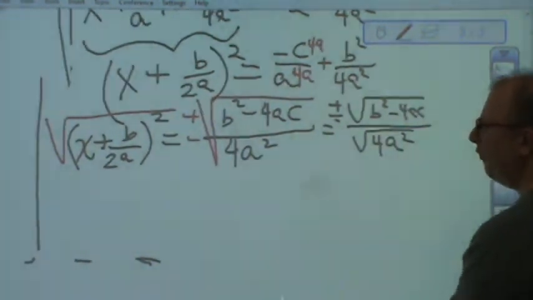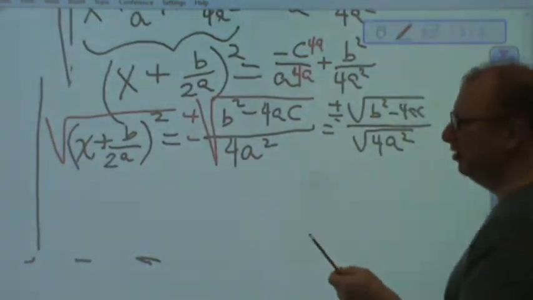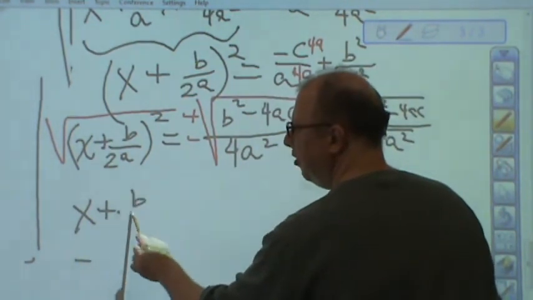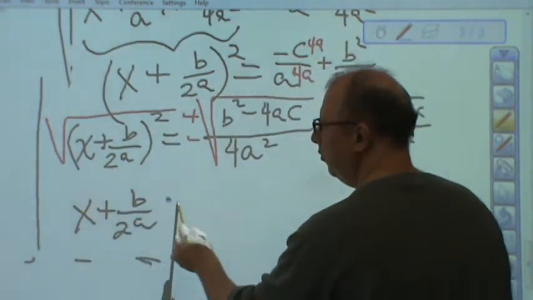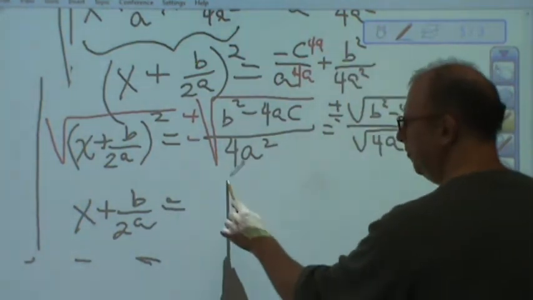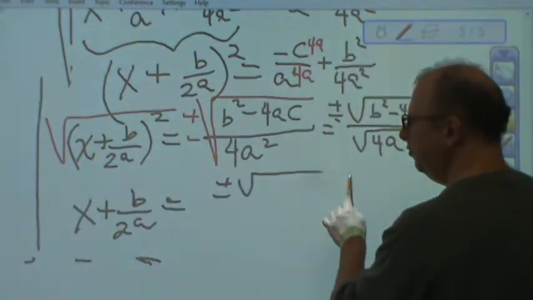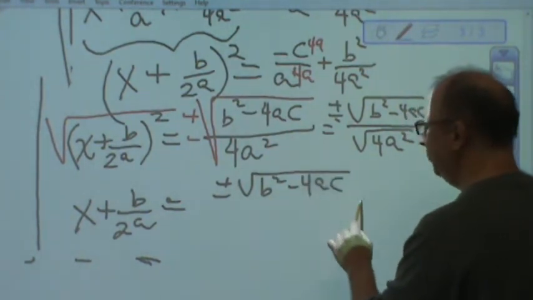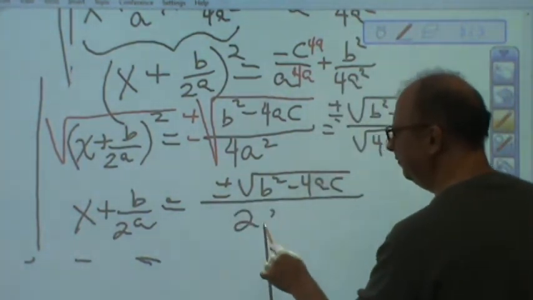Well, the square root of 4a squared is obviously 2a. So I'm left with now x plus b over 2a, which is equal to plus or minus square root of b squared minus 4ac over 2a.